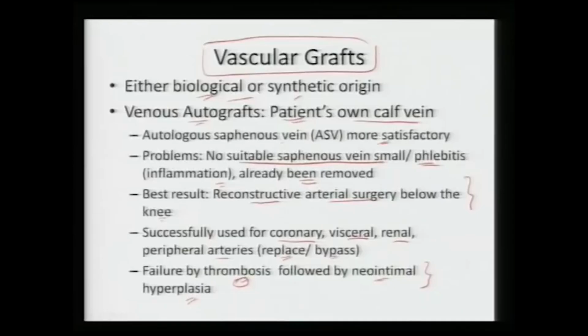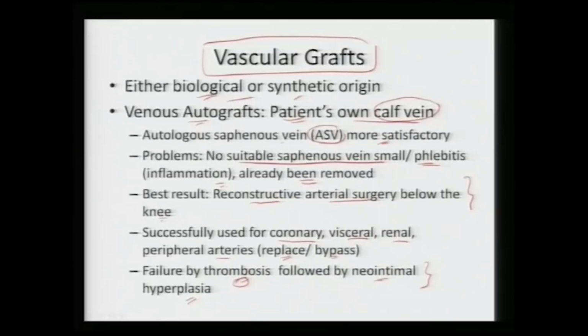So again we can see the vascular grafts can be biological or synthetic. Venous autografts come from the patient's own calf veins. So that is the overall autograft; the body will react to it in a more friendly manner, because that particular vein has come from the body itself, and they have performed very satisfactorily.